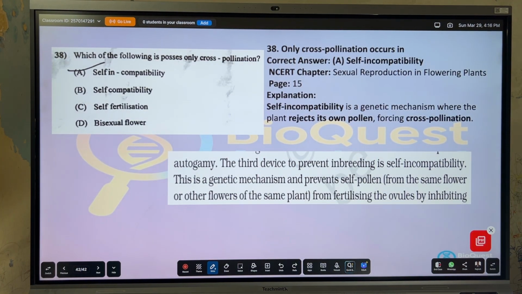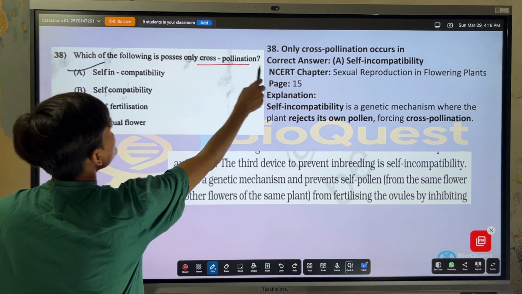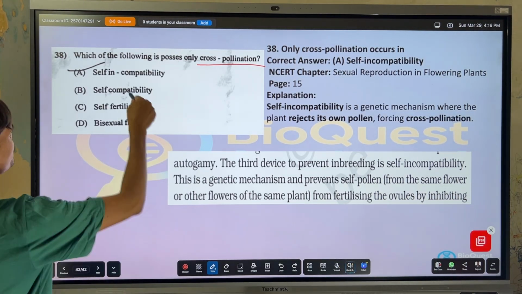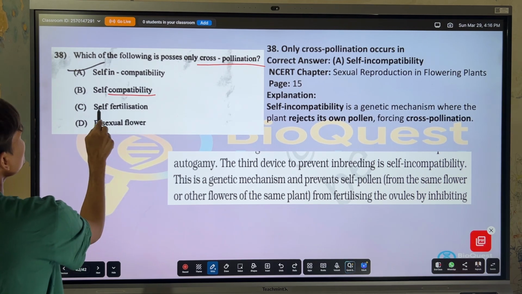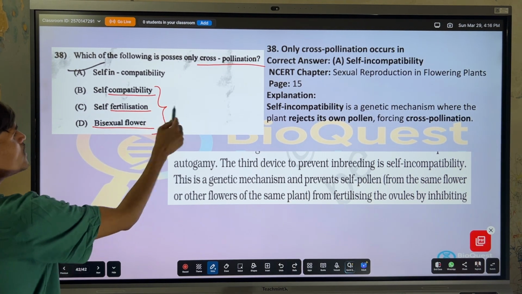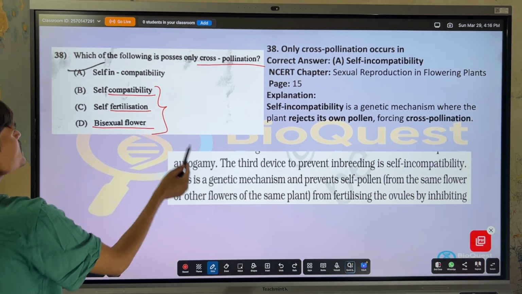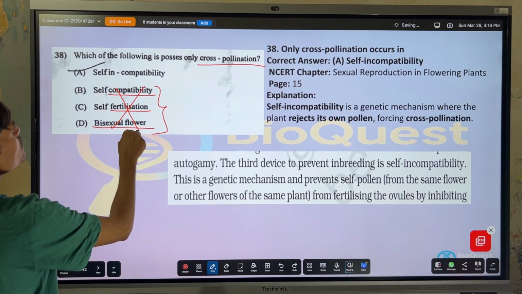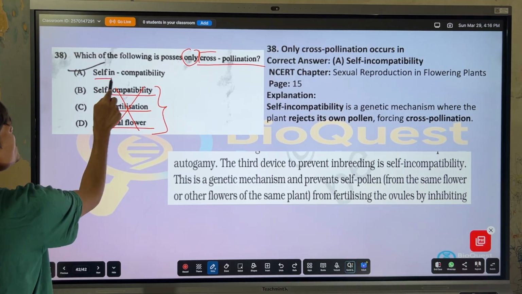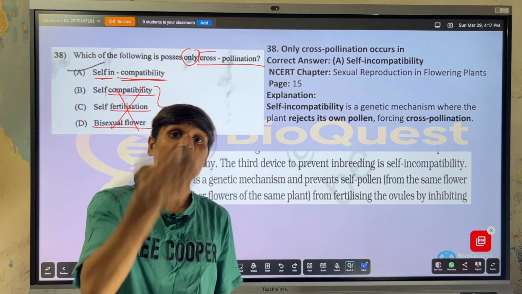Question 38. Which of the following possesses only cross pollination? Means only cross pollination is seen. Self compatibility, self fertilization, bisexual: in all of these, self pollination can be seen, so these are not our answer. Self incompatibility means this plant is self incompatible.